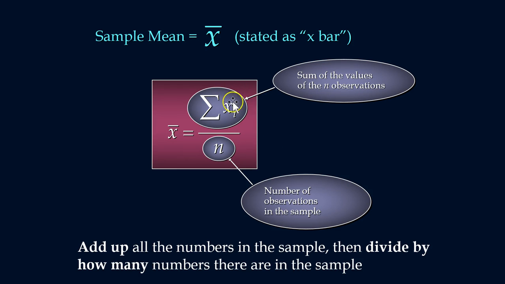So add them all up. Find all the X's, add them all together, and then divide by n, which is your average, as most people think of average. I use the words average and mean and X bar interchangeably. In reality, average describes a set of calculations that help us define what the expected value would be.